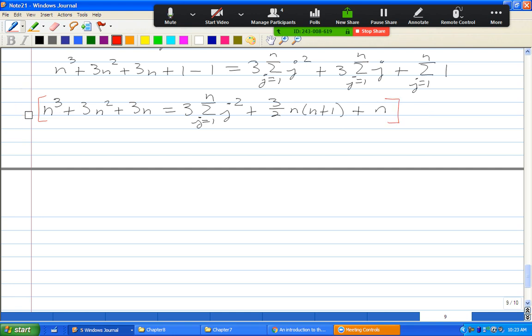So let's multiply by 2. And so I get 2n cubed plus 6n squared plus 6n is equal to 3 sum j equaling 1 to n of j squared plus 3n squared plus 3n, just multiplying the 3n inside the parentheses, plus, don't forget to multiply by 2, 2n.